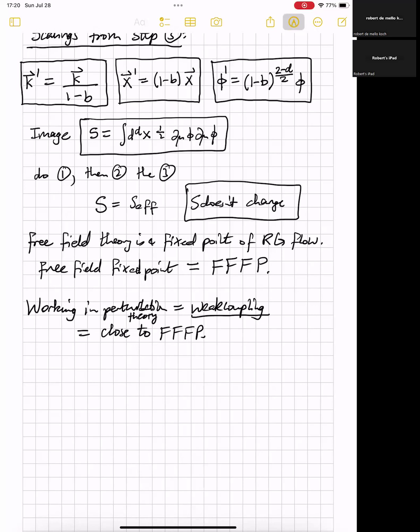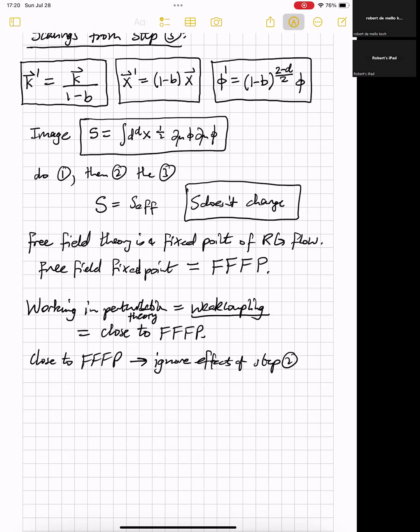If you are close to the free field fixed point, remember that step number 2 doesn't produce a big change at weak coupling. So close to the free field fixed point, we will simply ignore the effects of step 2, okay? And this is valid if we're at weak coupling.